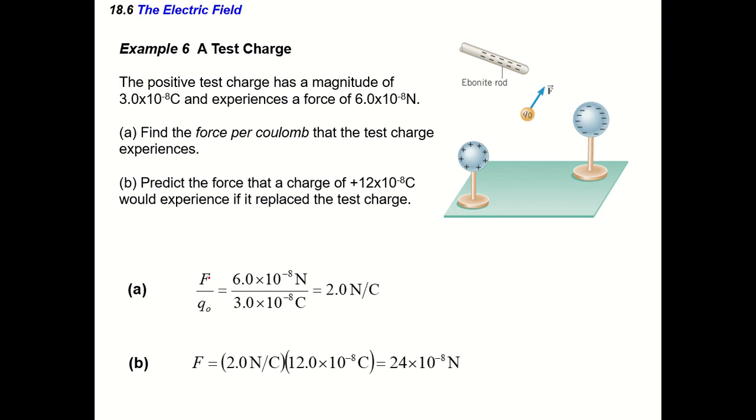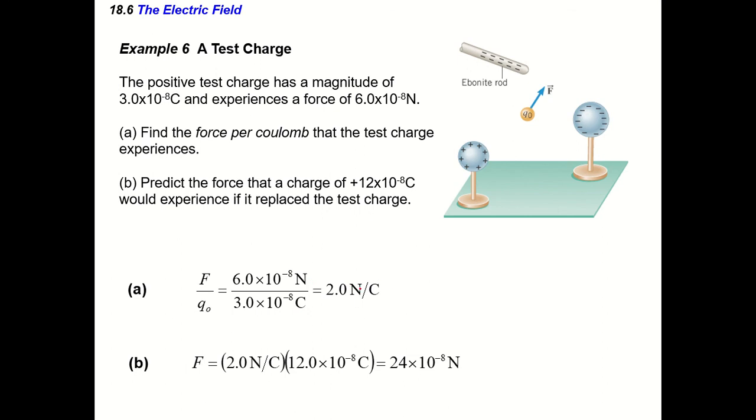We have the ratio of the force and the charge, so we're given this. So we got here the force per coulomb, so Newton per coulomb.